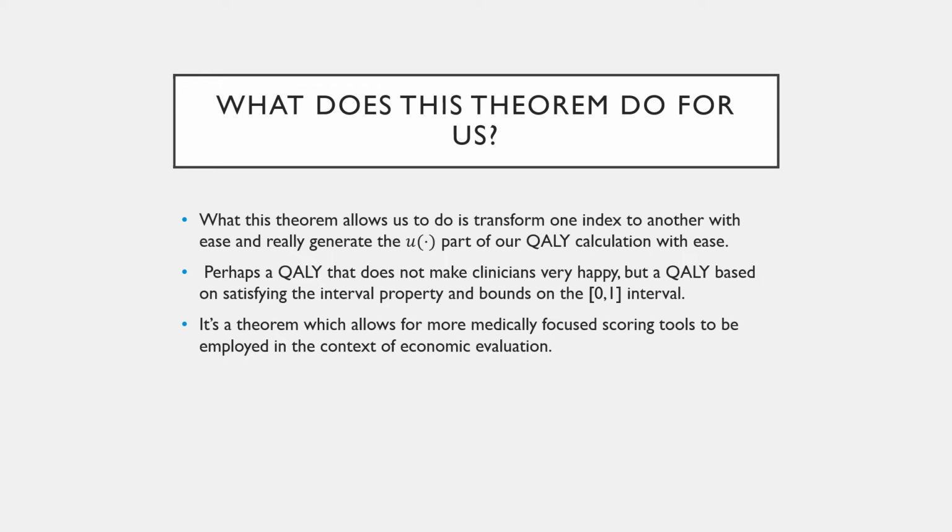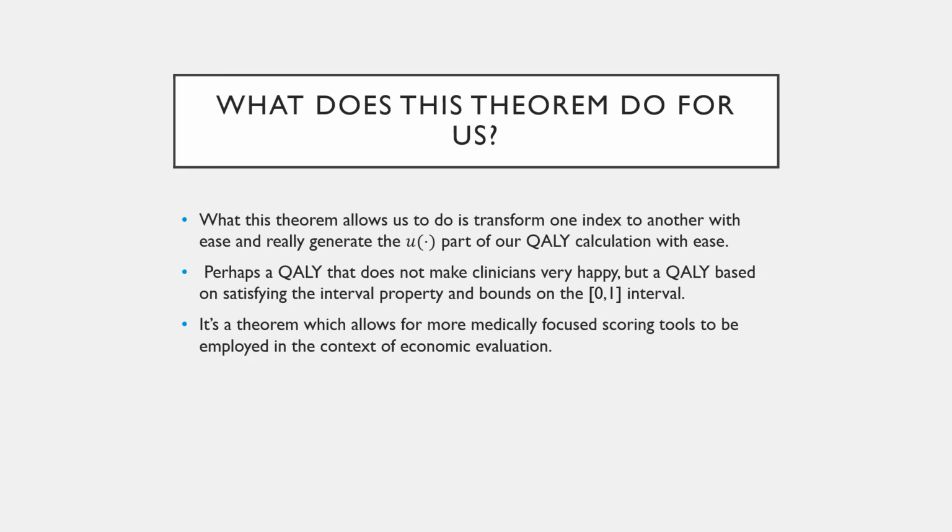So what does this theorem do for us? This theorem allows us to transform one index into another with ease and generate a utility function u on the part of our quality calculation with ease. Perhaps this is going to be a quality which does not make our clinicians very happy, because we could use an index which does not embody all aspects of the quality of life that we're looking at.